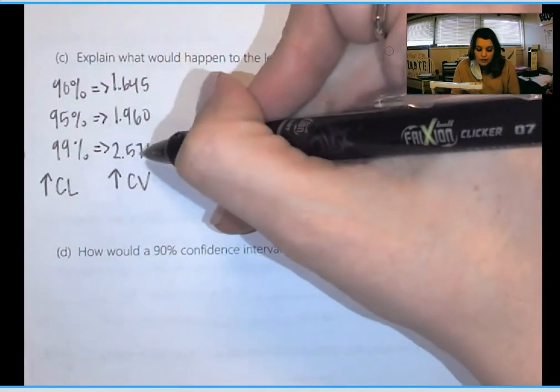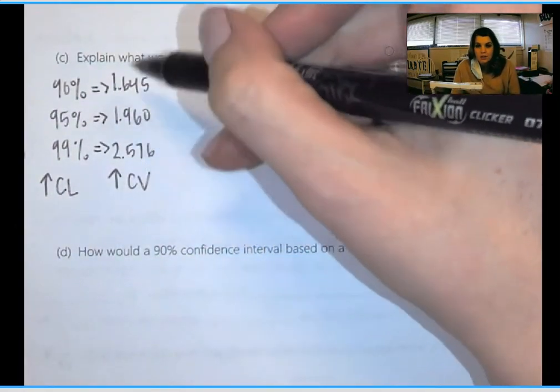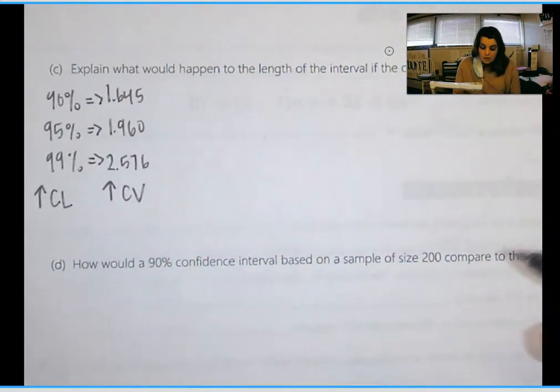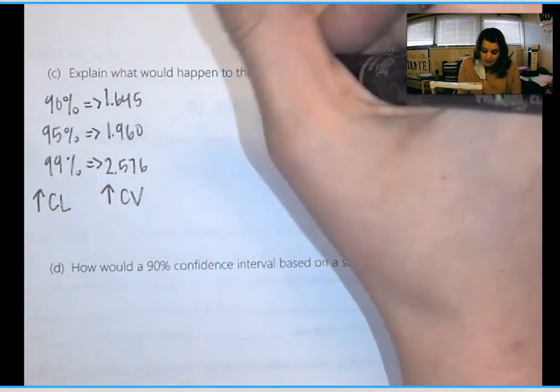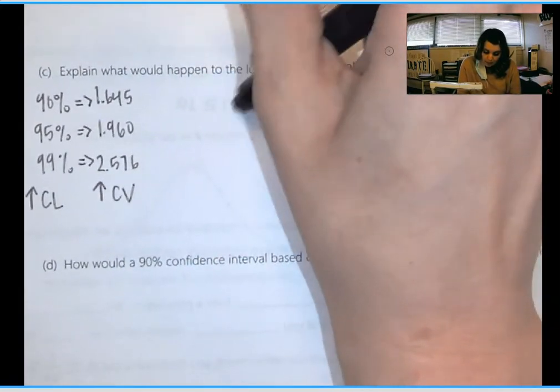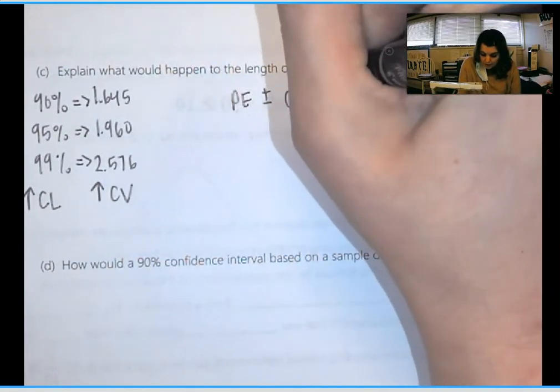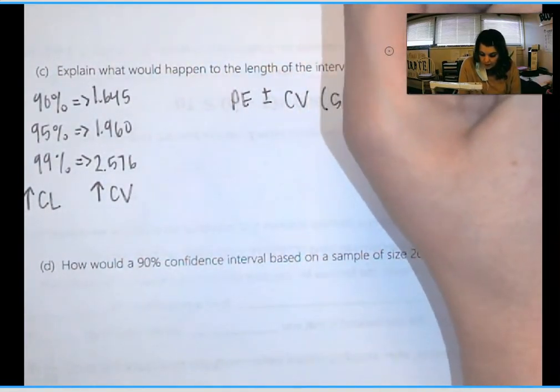Because your critical value is bigger. So that means you're adding a bigger number to your point estimate. So we have this formula, point estimate plus or minus critical value times standard error.